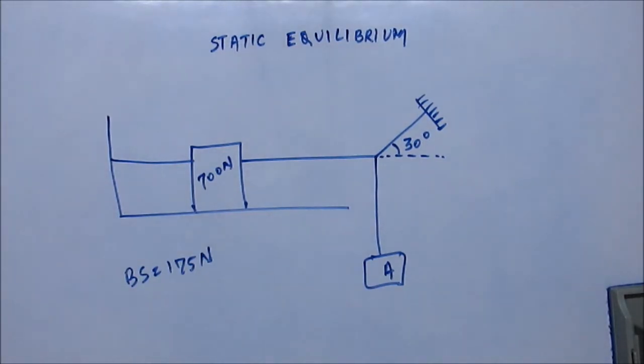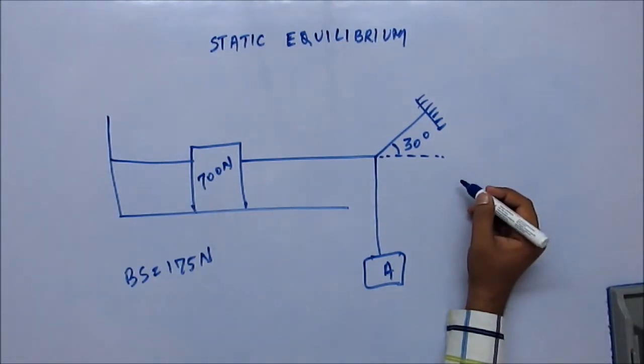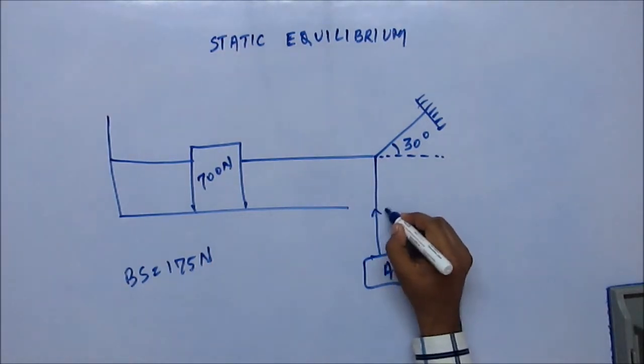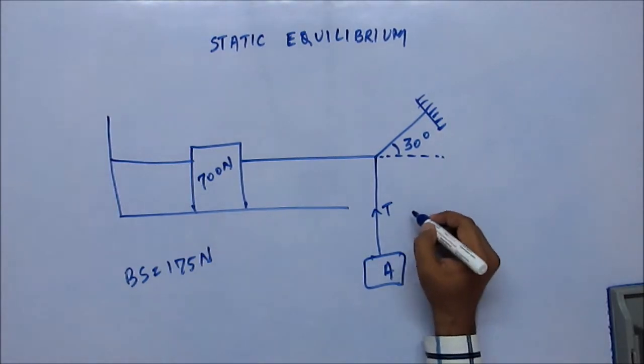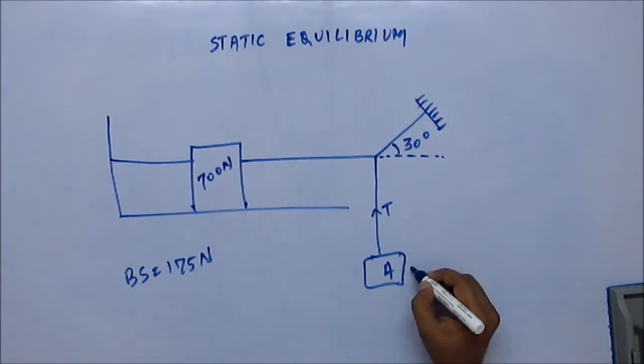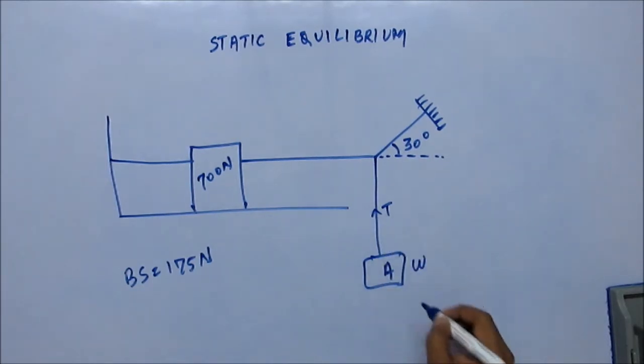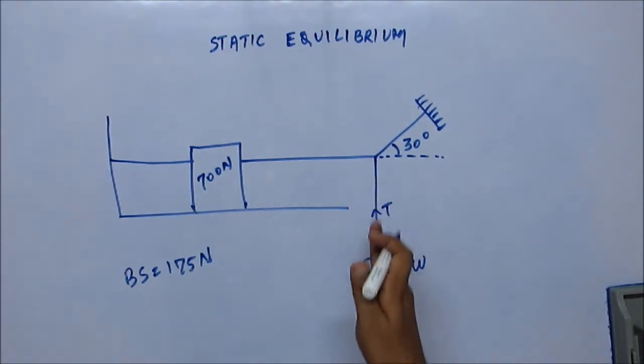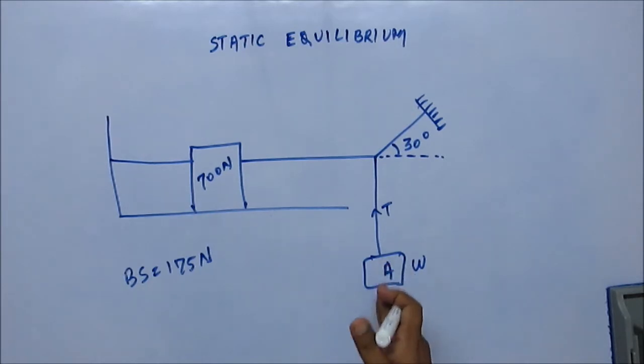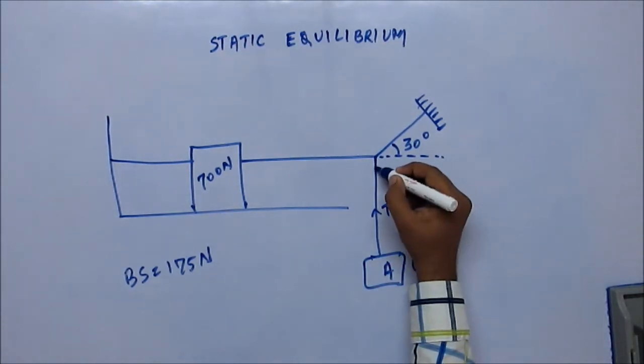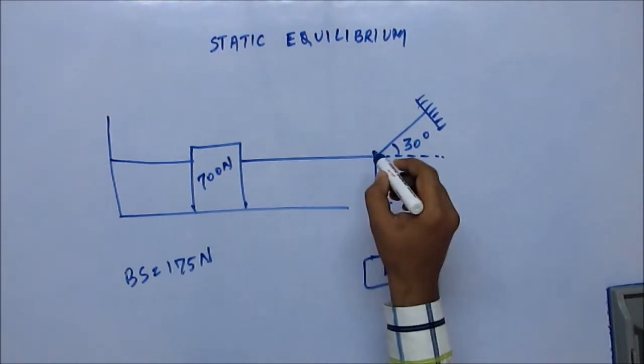So let's start writing the equation of static equilibrium. This tension is T, and if the weight is W, then T will be equal to W from the vertical static equilibrium condition.